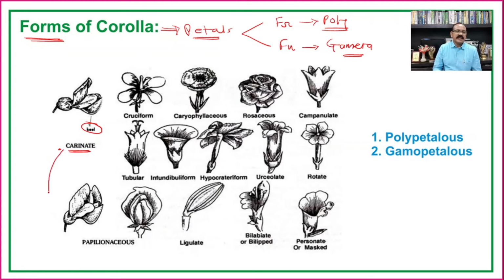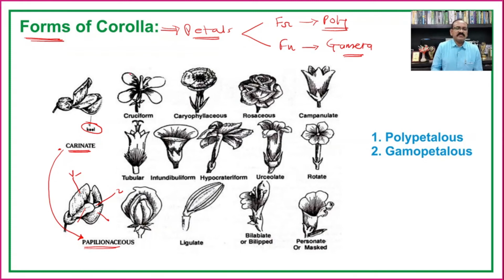Usually, this carinate type of the corolla is present in a papilionaceous corolla. Such a papilionaceous corolla is found in the family Papilionaceae, in which there is a presence of one outer petal, then the middle two petals, and the innermost again two petals. So that we will see in the next slide.